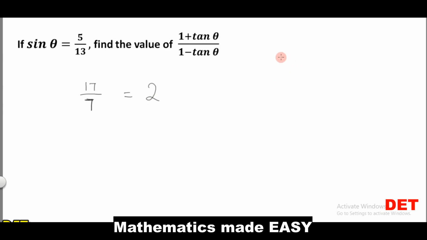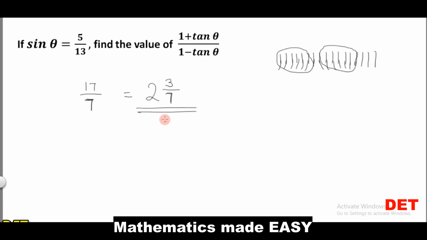It's just like we're counting 17, and you want to divide it by 7. 1, 2, 3, 4, 5, 6, 7, and again 1, 2, 3, 4, 5, 6, 7. So that is the 2 whole number that it gave us. How many is remaining? 1, 2, 3. So the remaining 3 over 7. This is my answer to this question.